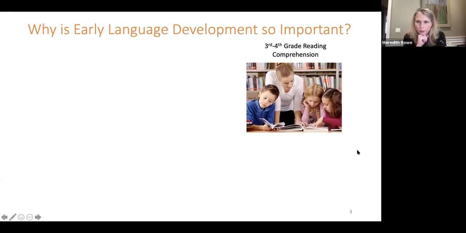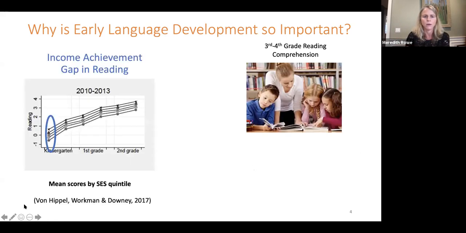Okay, thank you. So often we think of third grade reading comprehension as an important language and literacy outcome. It's a metric that tends to predict all kinds of school success and graduation and later in life outcomes. It's also a point where we see a lot of variability in children. So for example, in the US context, if you look at this chart here, this is data from a national sample in the United States.